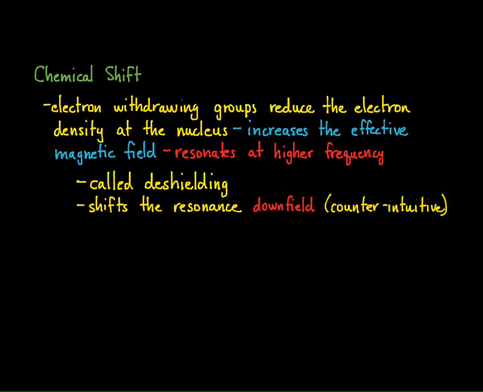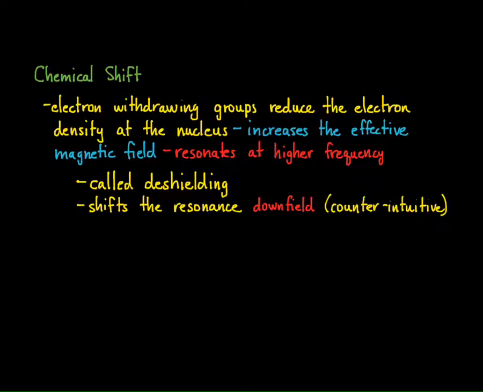So this is what electron withdrawing groups do. They de-shield nuclei and they cause the resonance to be shifted downfield versus upfield, which would be to a lower chemical shift. So we have downfield, we have upfield. Downfield is to a higher chemical shift, upfield is to a lower chemical shift.